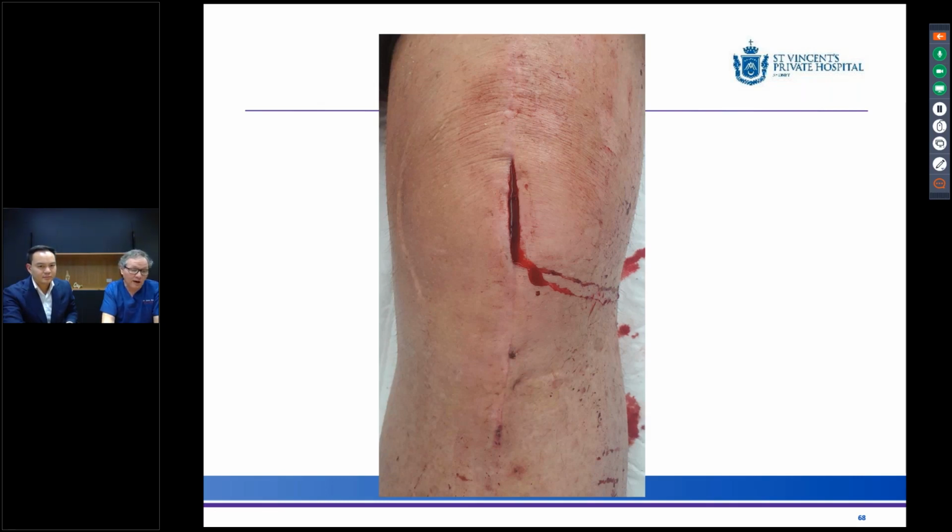And I'd ask this person to most likely be nil by mouth from when they leave their GP, and I'd take them back to the operating room and explore it and close it up, palpate digitally, just to make sure that there's no breakdown of the deeper arthrotomy sutures, and then just close it.